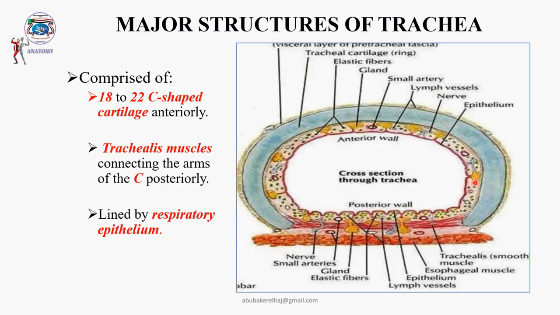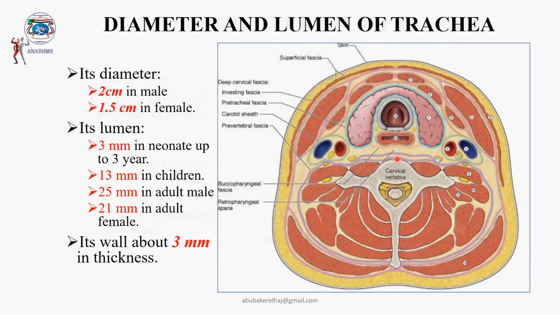Then we have the lining epithelium. As you know, it is the respiratory epithelium, which is pseudostratified columnar epithelium with goblet cells. As you see here, there are glands which are responsible for mucus secretion in this area.